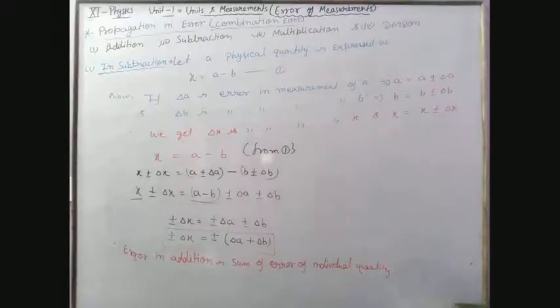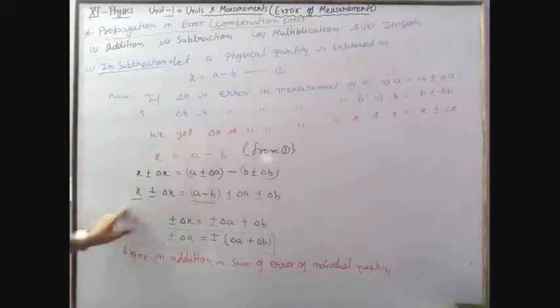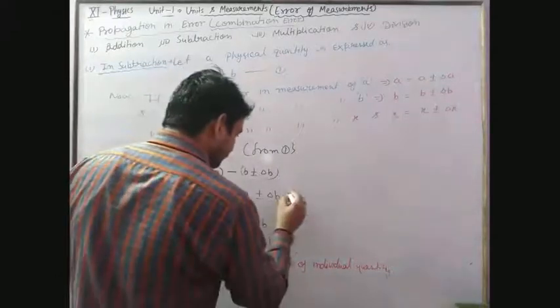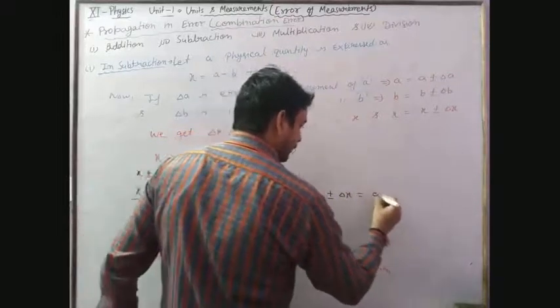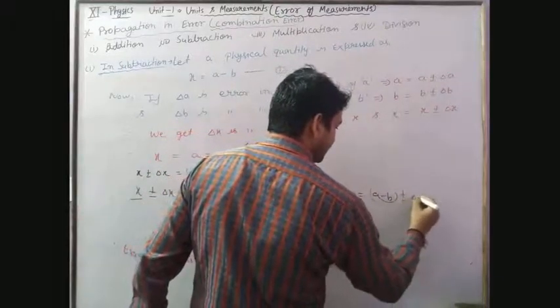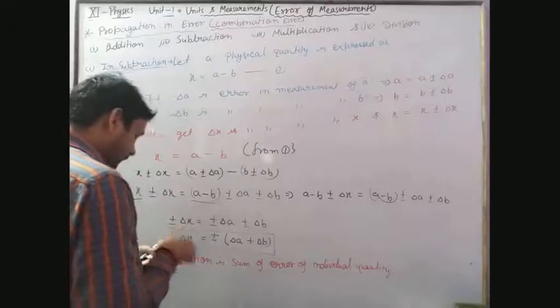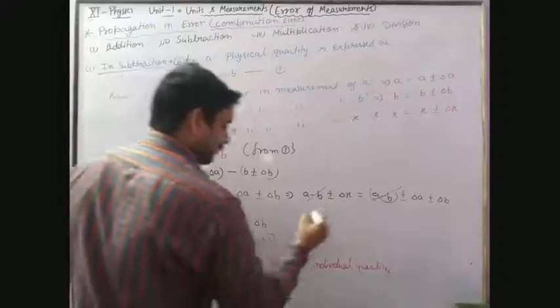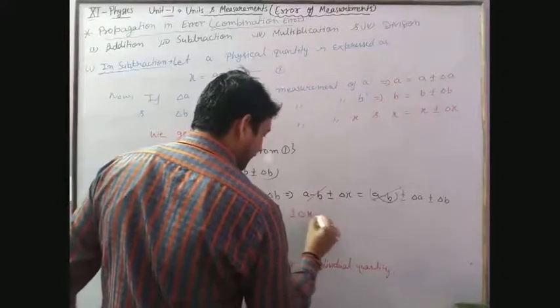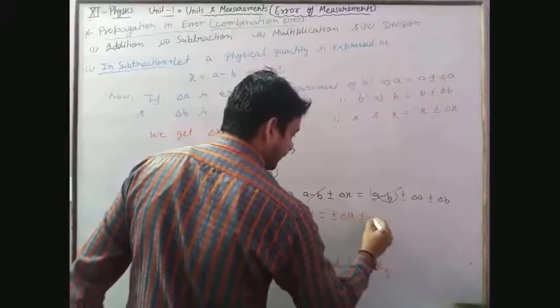By using these values, you can use the value x is equal to a minus b here, then this is cancelled. Just I will show you. A minus b plus minus del x equal to a minus b plus minus del a plus minus del b. Now you will easily observe here, this cancels with this, and we are left with plus minus del x equal to plus minus del a plus minus del b.